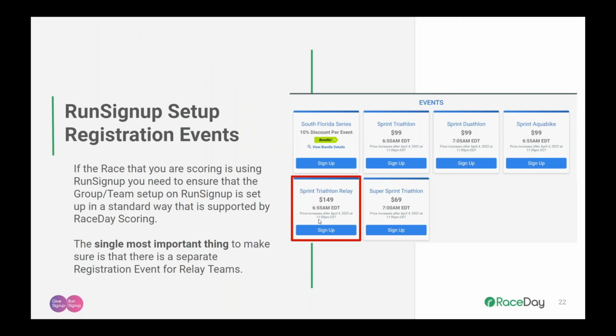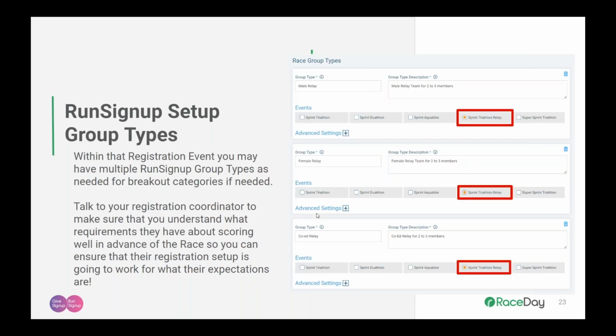So there should be a relay option here, and there does need to be a separate registration. Once you go in, you can have different group types like male, female, co-ed, and those need to be selected for the event type. Within that registration, you need to have multiple.